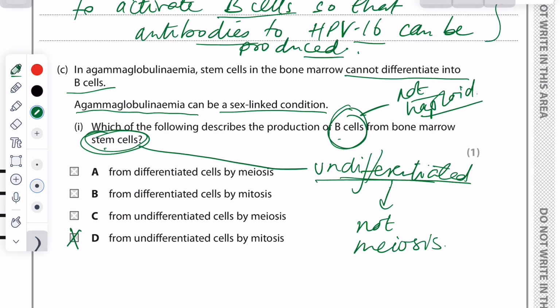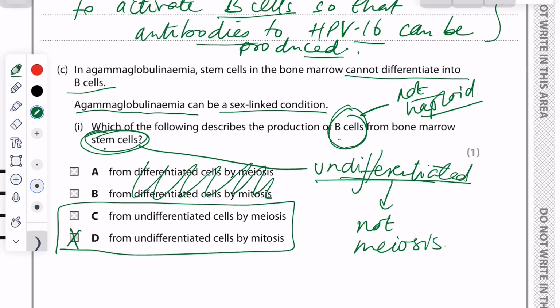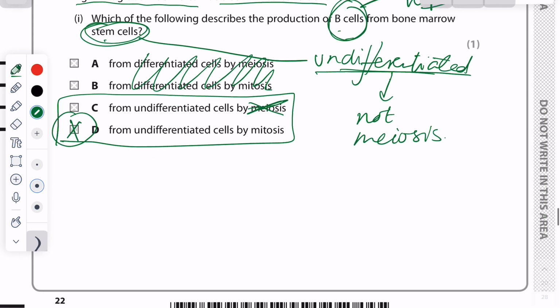They're not haploid, so they are produced by mitosis and not meiosis. So therefore, because stem cells are not differentiated, I'm going to go with one of these options, and not meiosis, so I end up going with D.